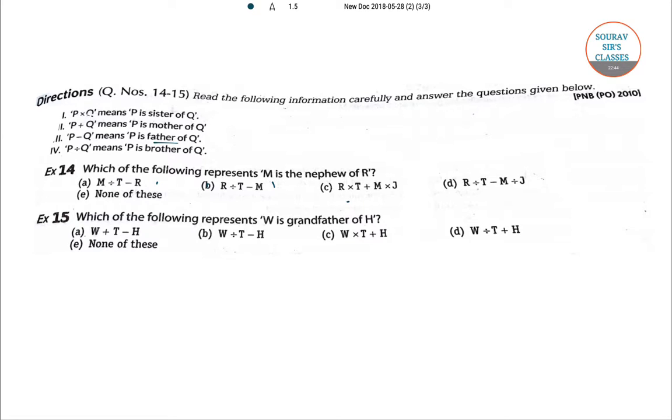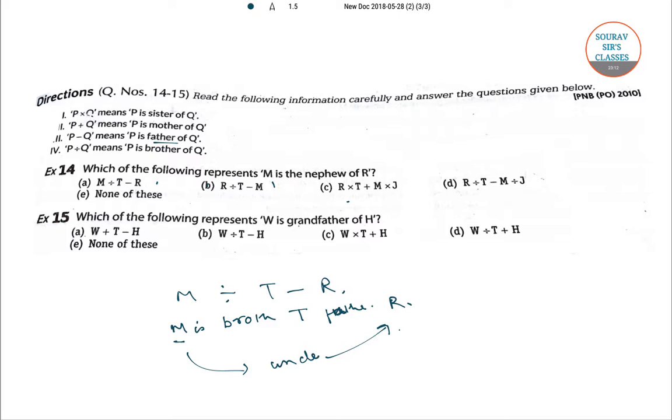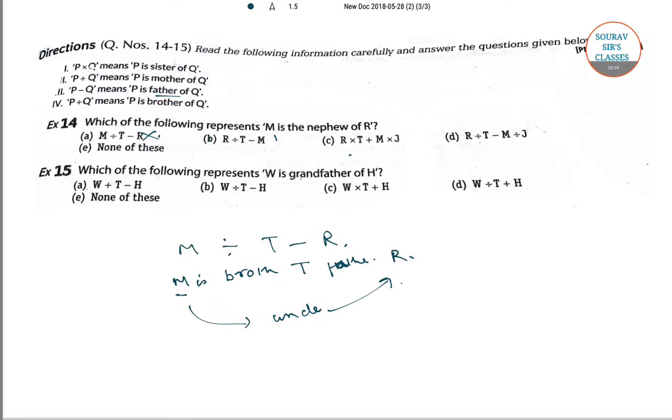The first expression is M divided by T minus R. So that means M is brother of T, minus is father of R. So that means here M is uncle of R. So this is not the representation of M is nephew of R. So option A is not the right option.